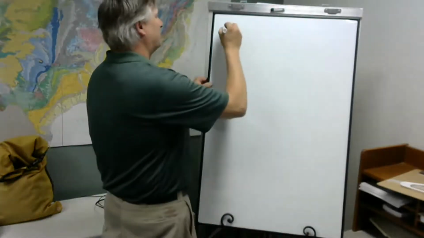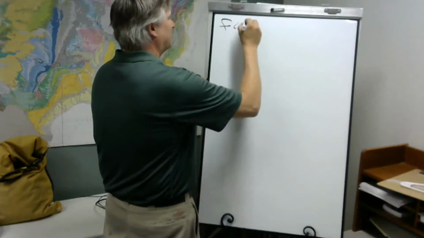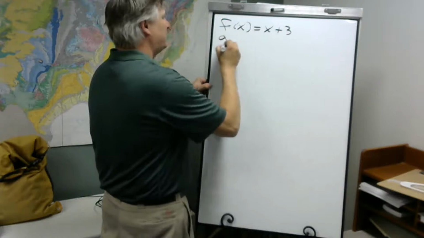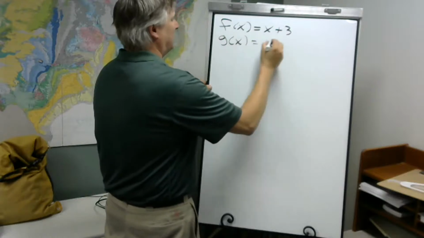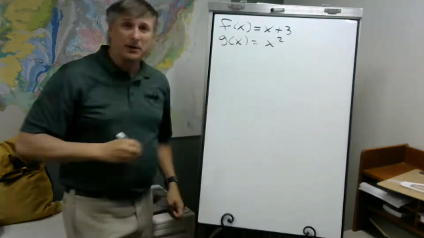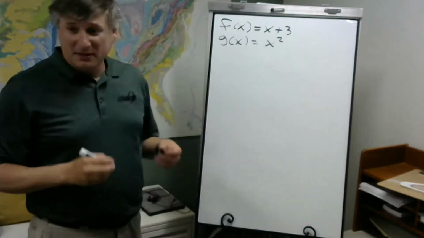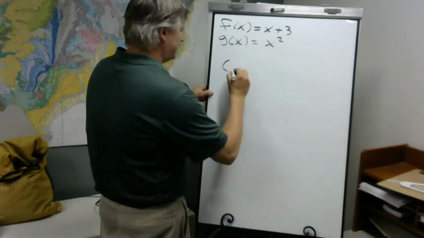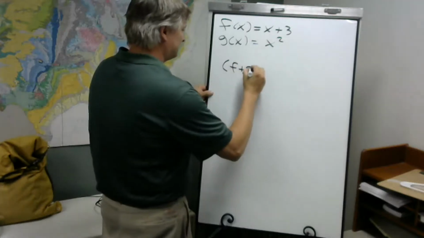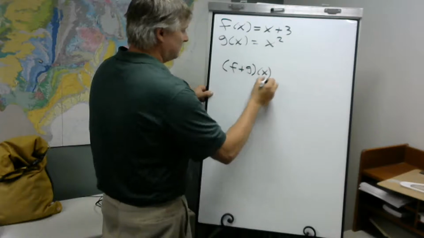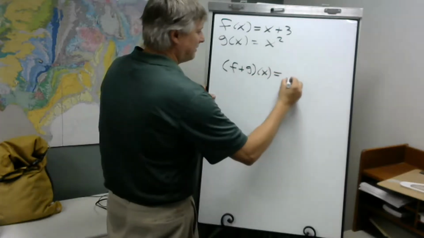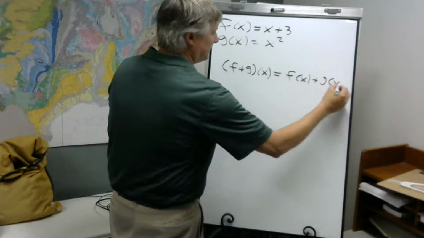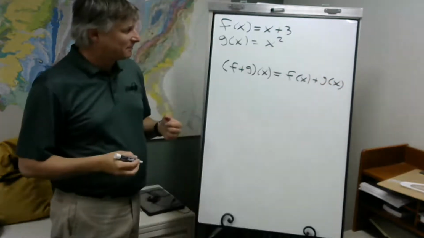Let's say f of x is x plus 3, and g of x is x squared. Now, in this case, if you want to add these together, we write it like this. That means we add f of x and g of x, like so.